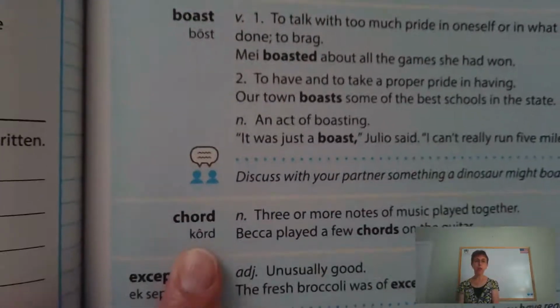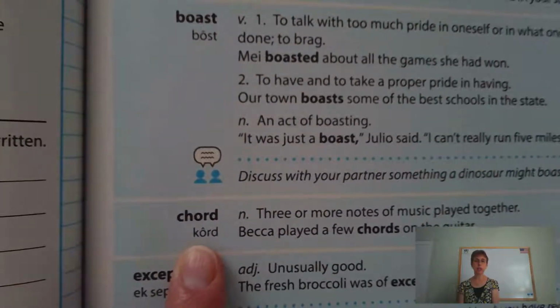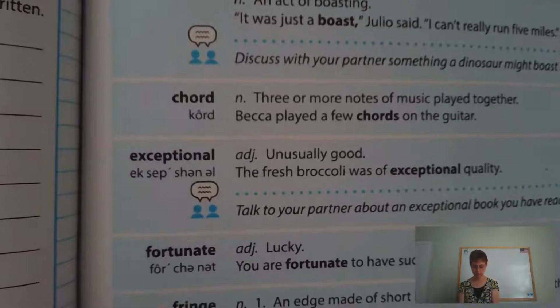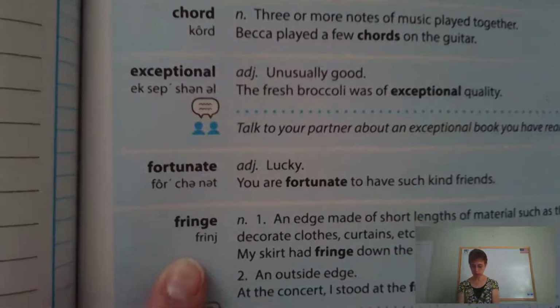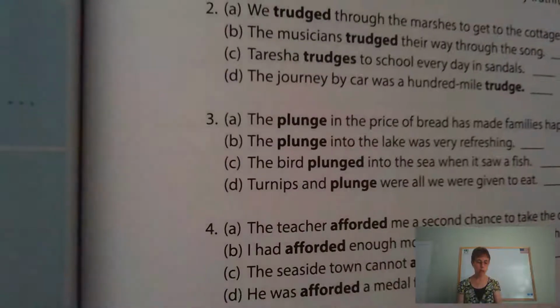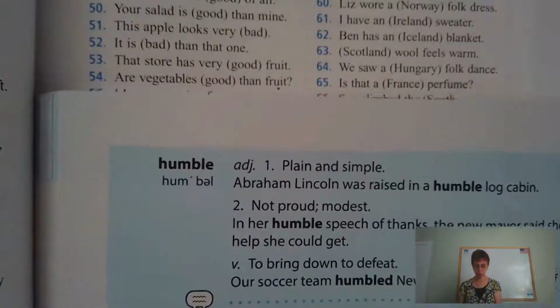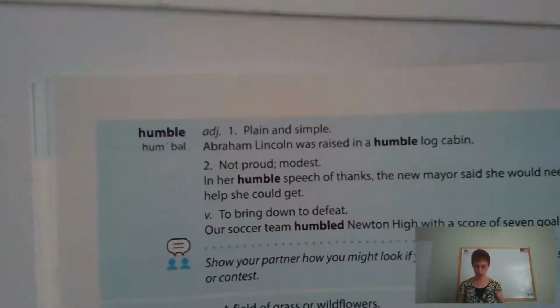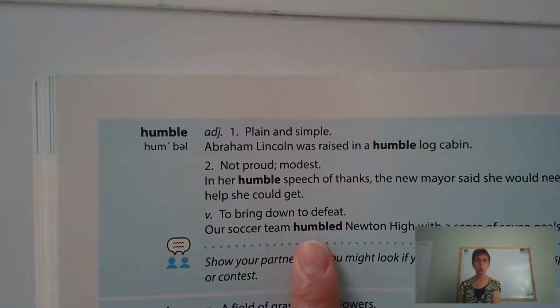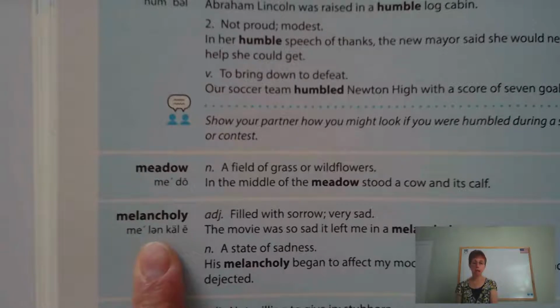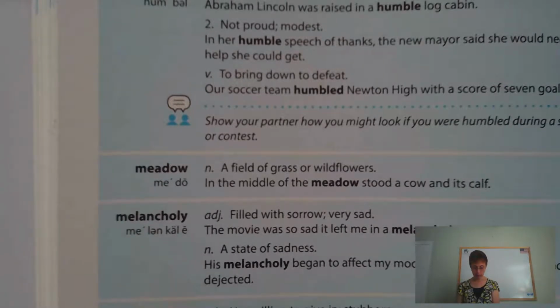Cord. Okay, this is cord. That CH is pronounced like a K, cord. Then you have exceptional, fortunate, fringe, and then turn the page. We have humble. Okay, you have humble and humbled. You have meadow. This is melancholy, melancholy.